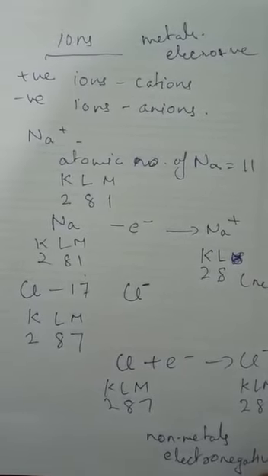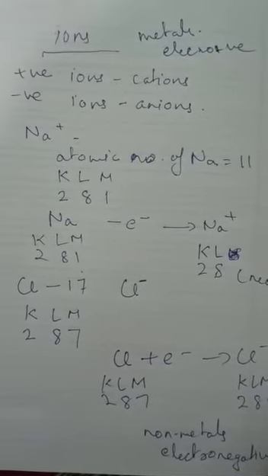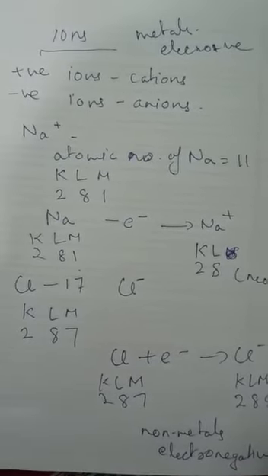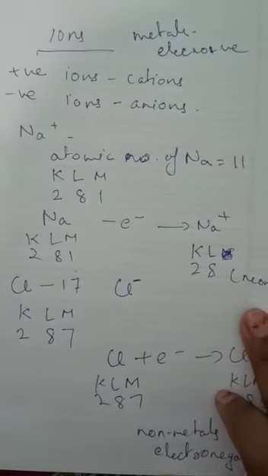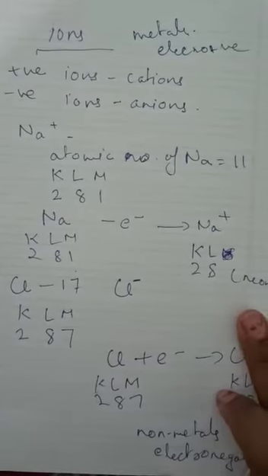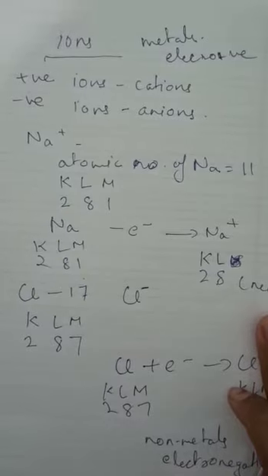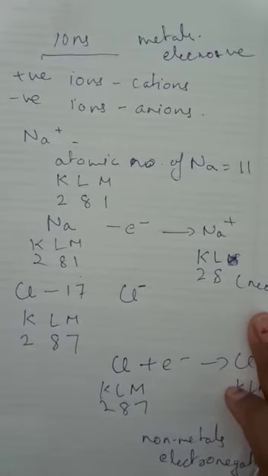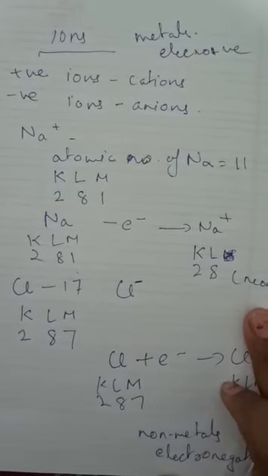The reason they lose or gain electrons is just because they want to attain the noble gas configuration. As we saw in the case of the sodium atom, after losing the electron it resembles the noble gas neon in its electronic configuration.